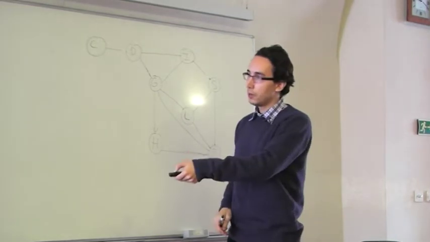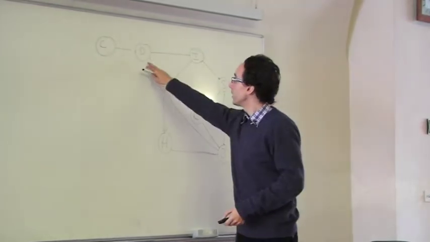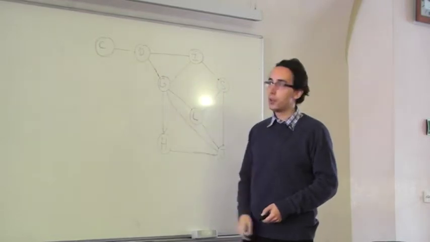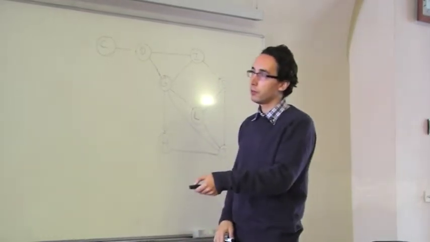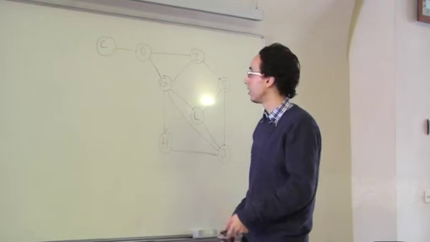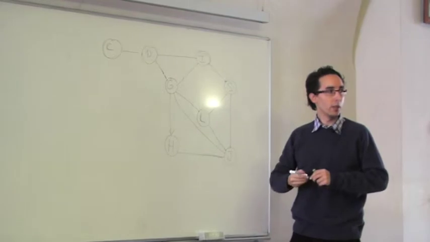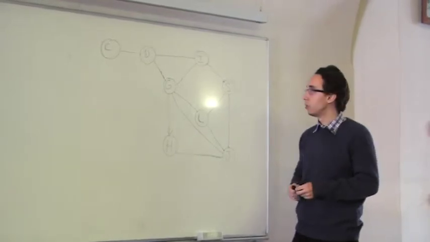The next variable to be eliminated is D. In this case, I have two neighbors, and they are already connected, so I won't do anything. The next variable to be eliminated is the variable I, and it has these two neighbors, G and S, so I will be connecting those two neighbors.